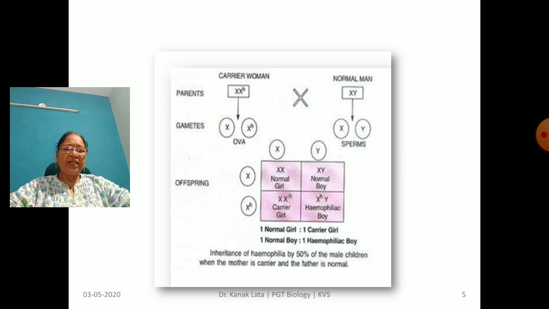This is the cross that clearly shows how inheritance of hemophilia takes place.